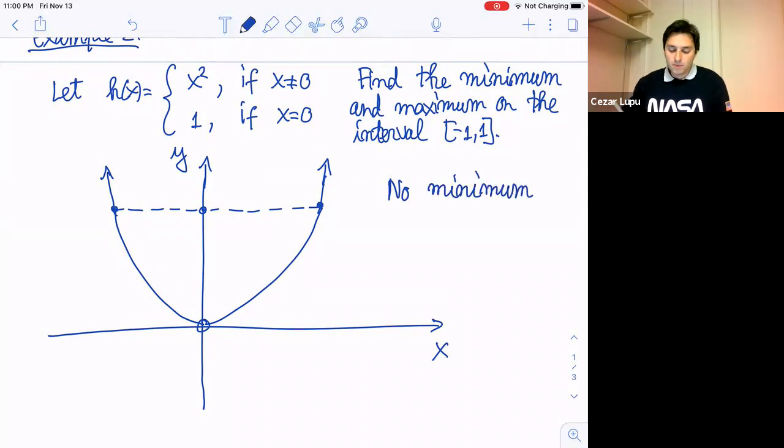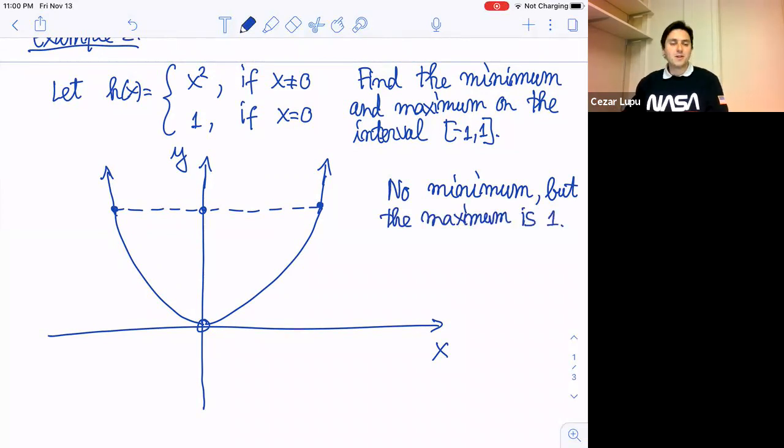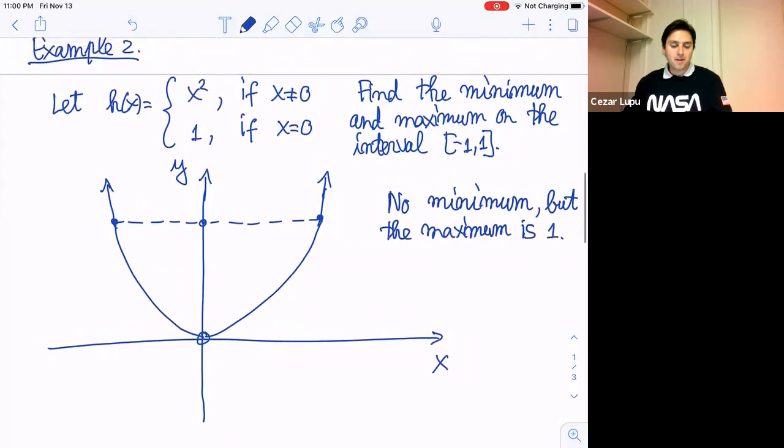But the maximum is 1. As you can clearly see it on the picture, right? All right.